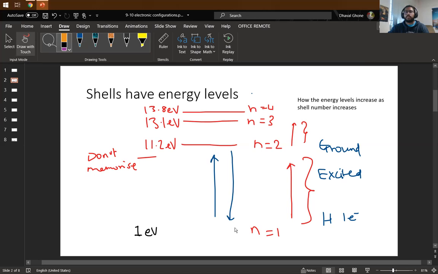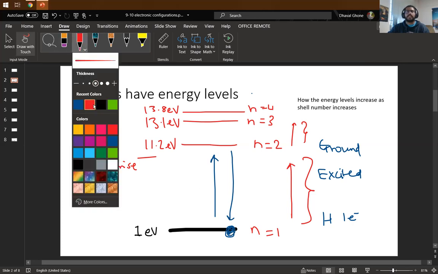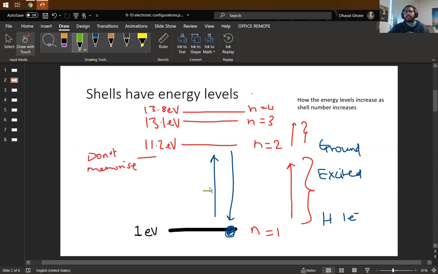While you excited the electron, it received energy, and that's what made it jump up. But when it came back to the ground state, it gave off energy, and that's what made it come back down.